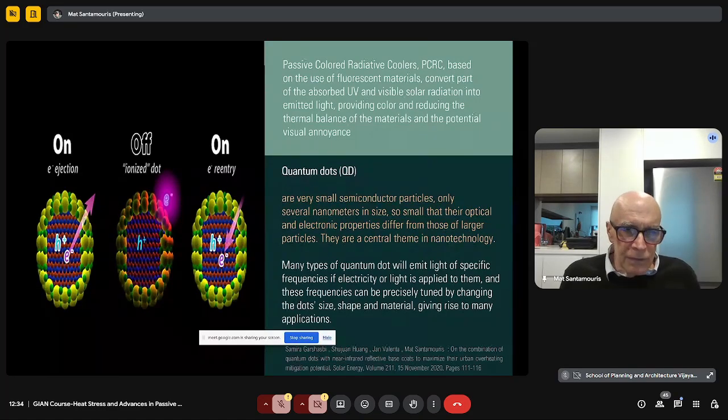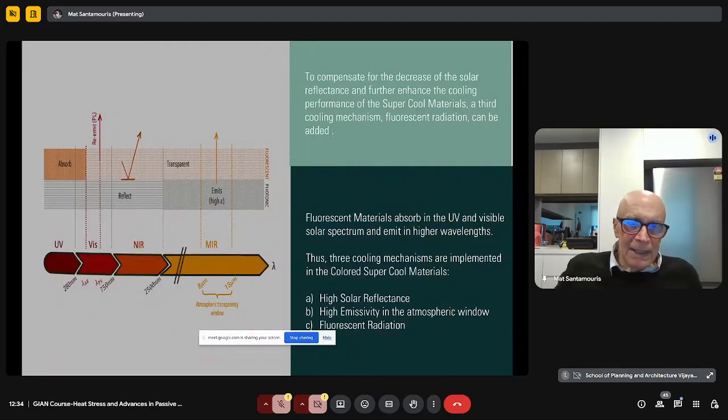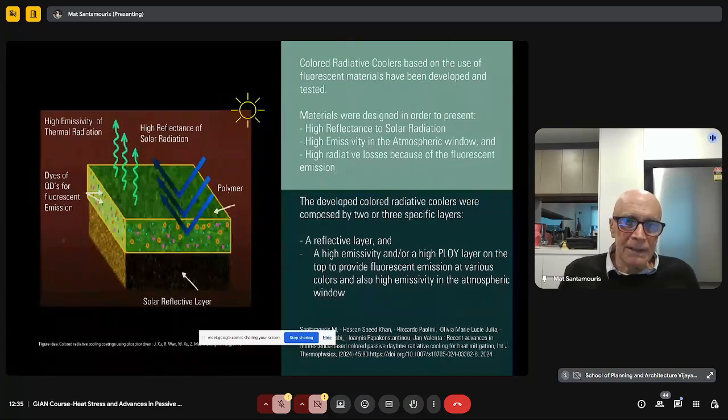These quantum dots and other fluorescent materials have been integrated in the mass of the photonic materials we had. And the result was, first, that we decreased the reflectivity, but also because these fluorescent materials constitute pigments, because pigments absorb a lot, we have colored photonic materials.